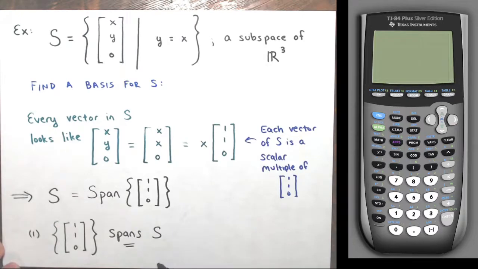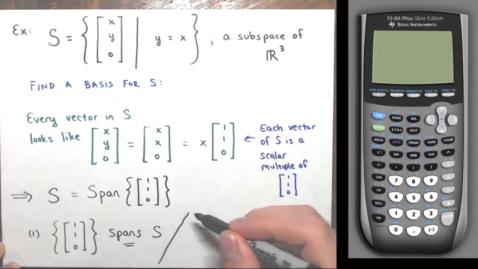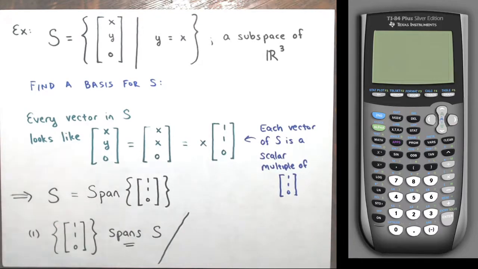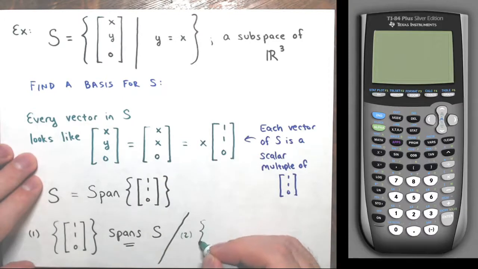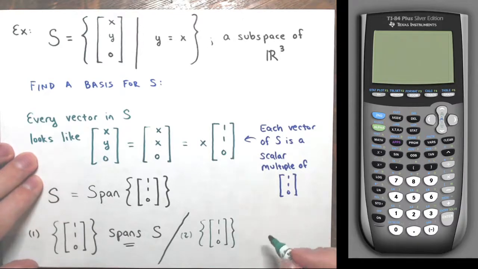And then without bringing up another page, I'm just going to do this over here. And just as in the last example, this is a set with a single non-zero vector, so it is linearly independent. Again, you can check that formally if you wish. I'll just say it is linearly independent. Wonderful.